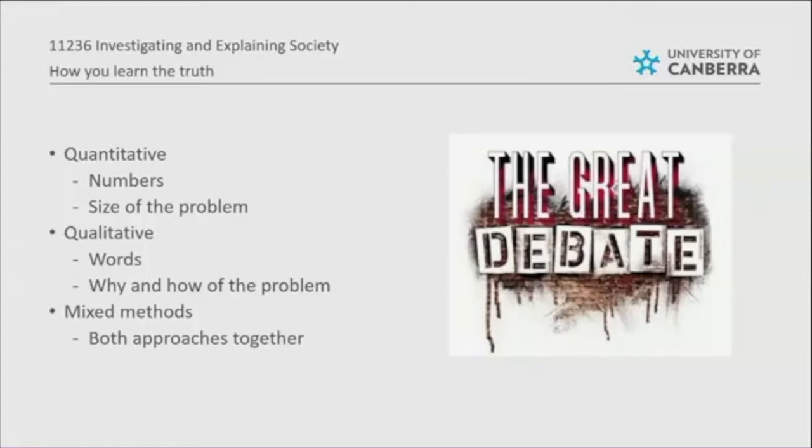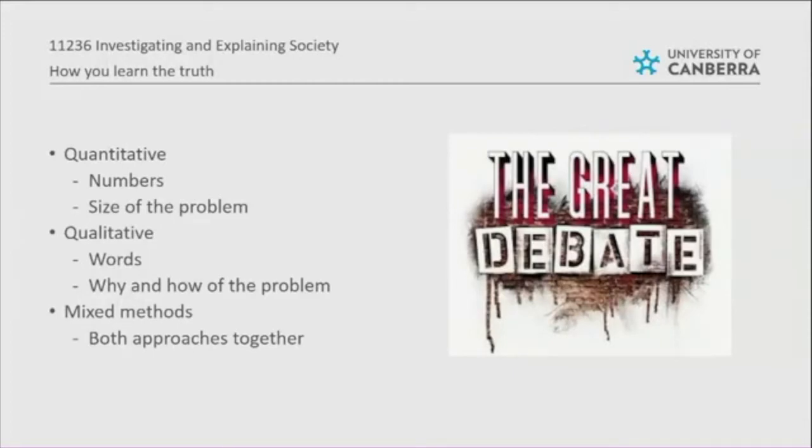The qualitative tells us why somebody has an iPhone over an Android, or vice versa. Or it tells us how they got the iPhone over the Android. Okay? The textbook talks about how one's better than the other, blah, blah, blah. I'm mixed methods. I use both.